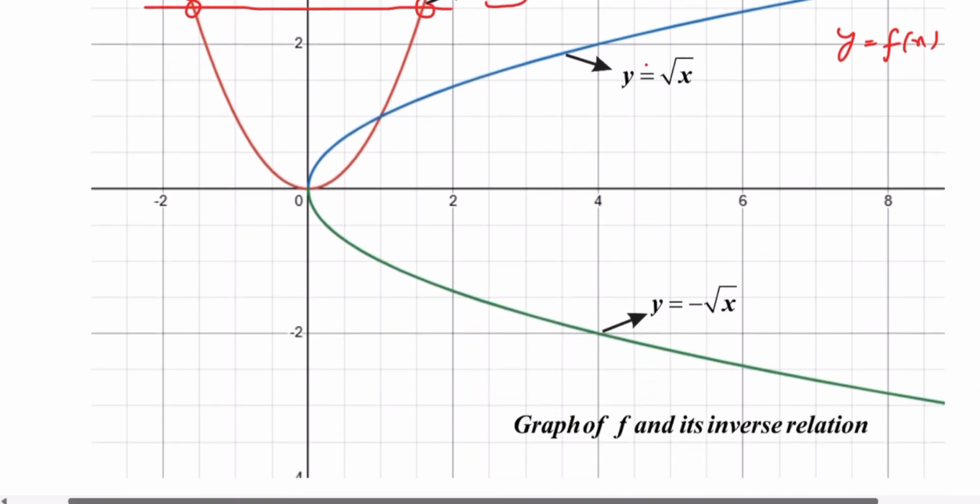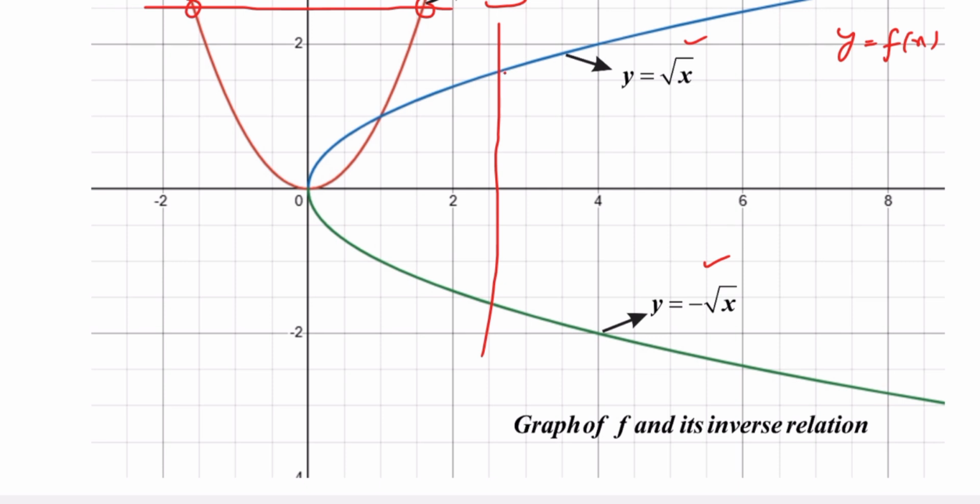This is the upper branch of y is equal to square root of x, and this is the lower branch of y is equal to minus square root of x. You know the graphical criteria to check whether the given graph represents a function or not. If you cut this graph by a vertical line, this vertical line cuts both branches at 2 points, here and here.